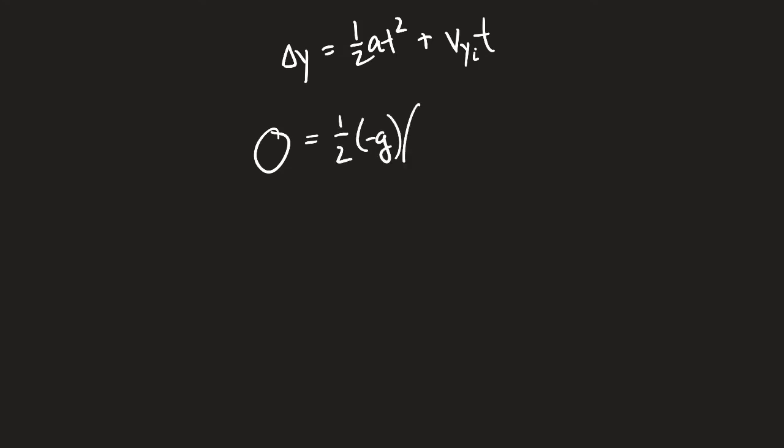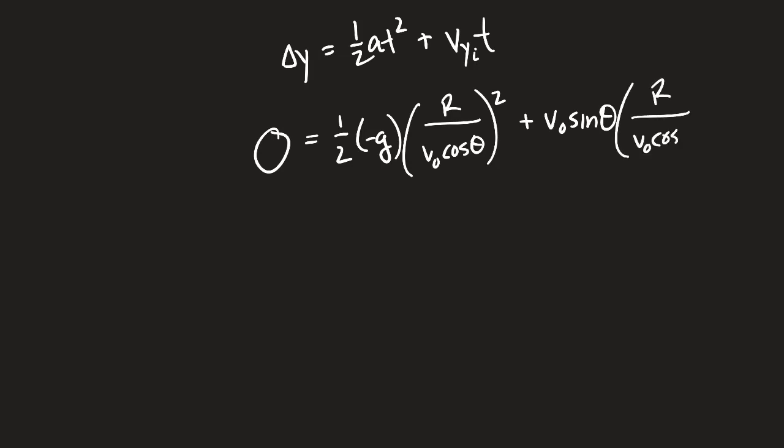And I'm going to write delta y equals 1/2 at squared plus vy initial times t, which for this translates into 0 equals 1/2 times negative g times r over v naught cosine theta squared plus v naught sine theta times r over v naught cosine theta.